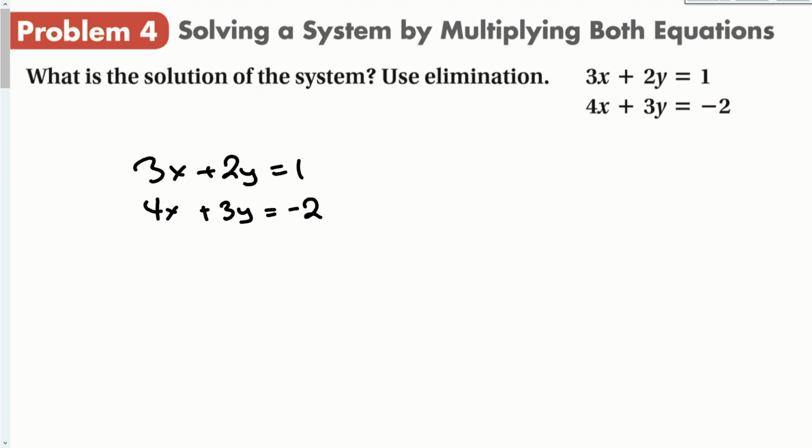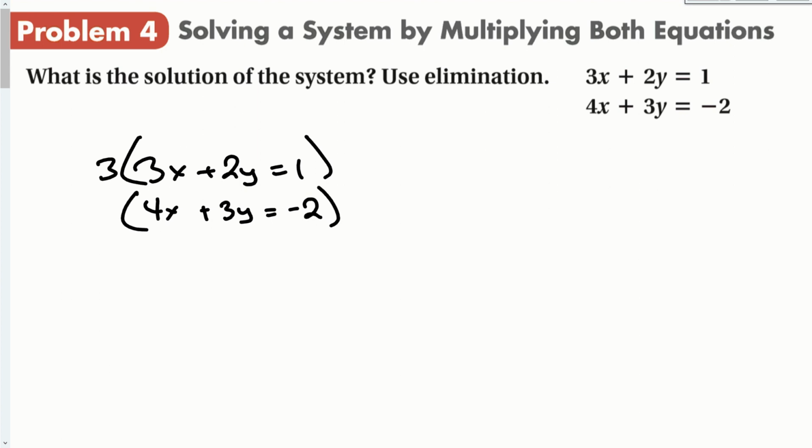I'm going to have to do something twice. So I could multiply the top equation by 4, the bottom equation by negative 3 to get a positive 12 and a negative 12. But I usually like to pick the numbers that are the smallest numbers. So let's multiply the top equation by 3.